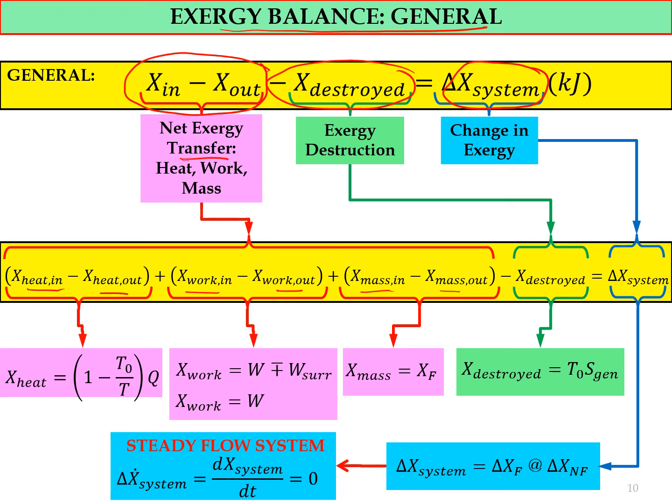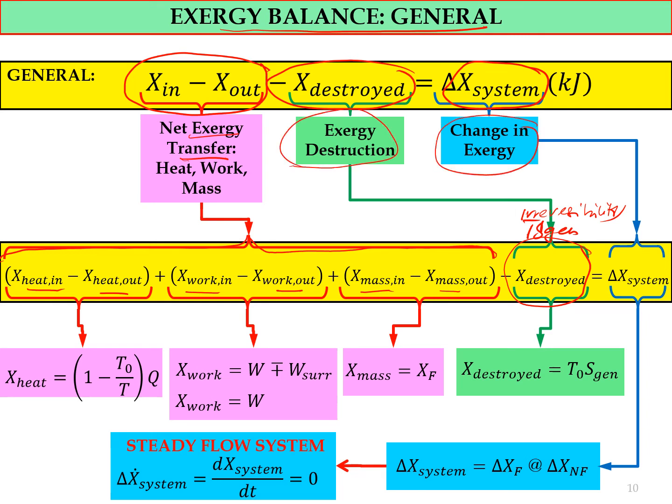So these three terms, represented by the red bracket here, represent exergy transfer. And then this exergy destroyed is related to entropy generation, the irreversibility, or entropy generation, T naught S gen. This is exergy destruction.